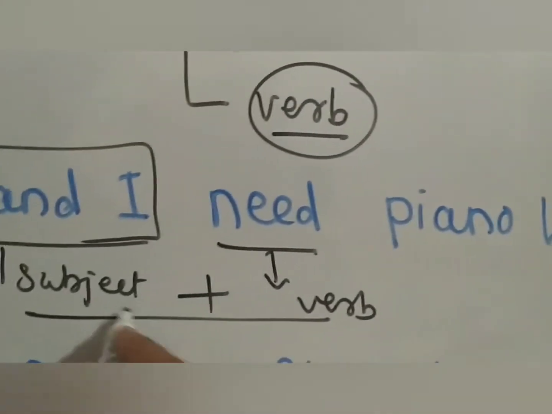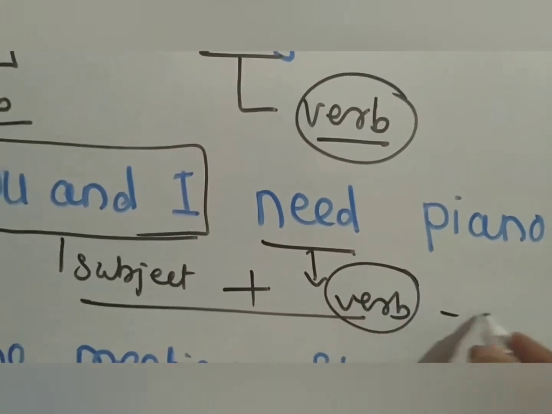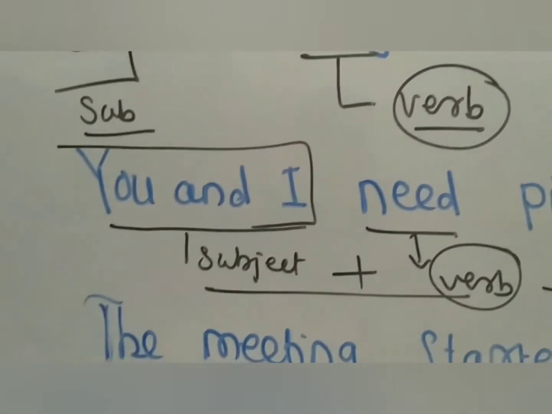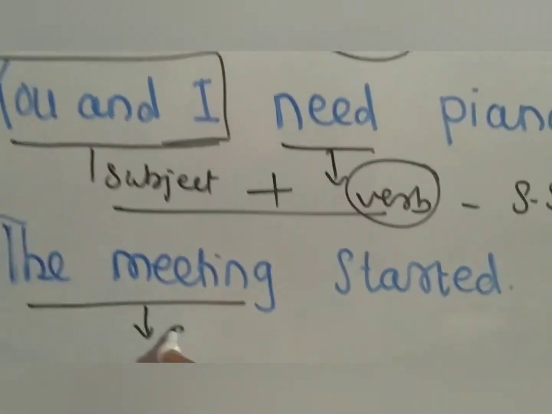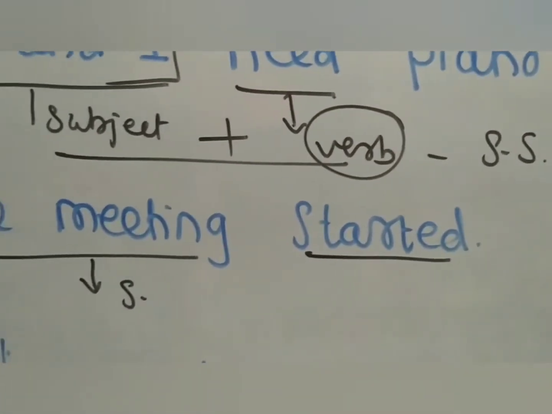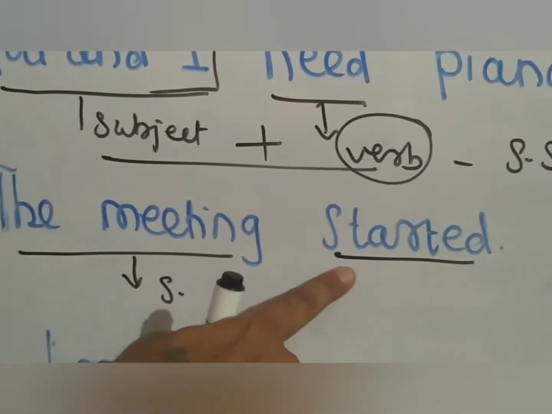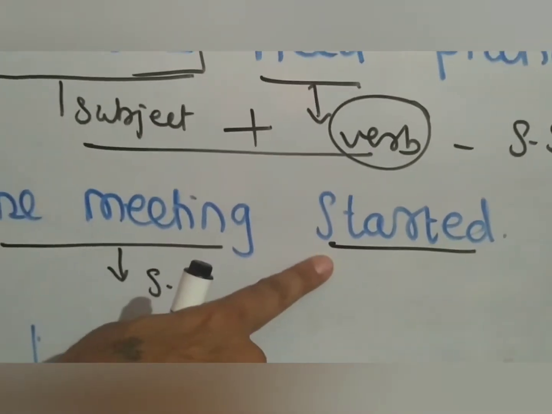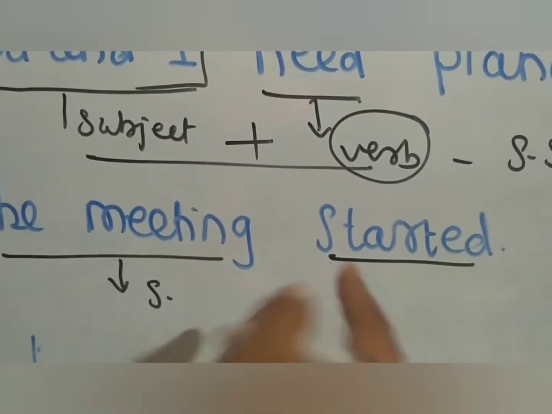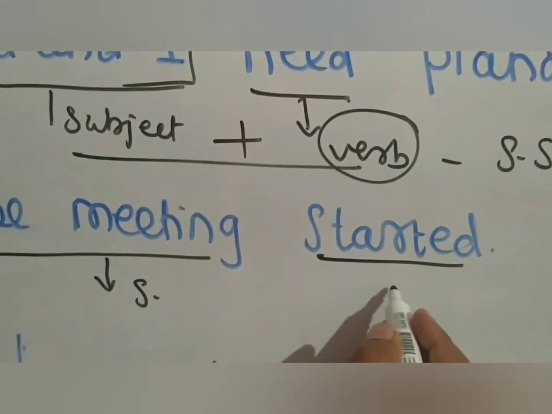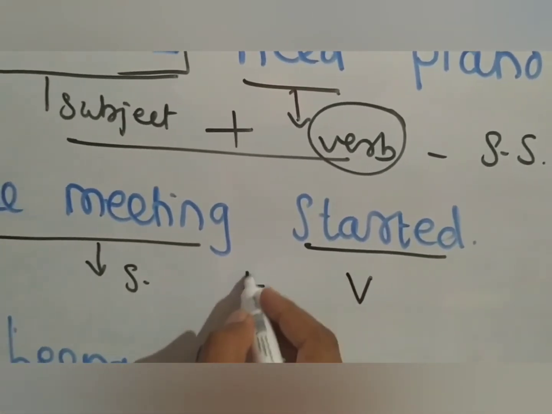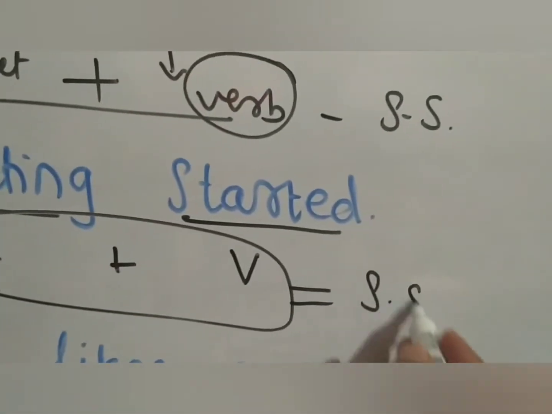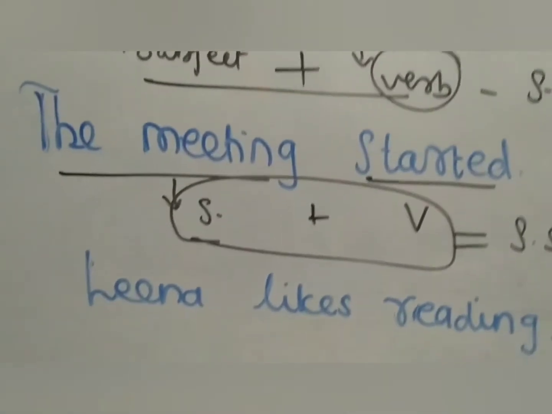That's why subject plus verb is called a simple sentence. Now, the meeting started. The meeting is the subject, started is the verb, in the simple past tense. SV, this is the structure of SS, simple sentence.